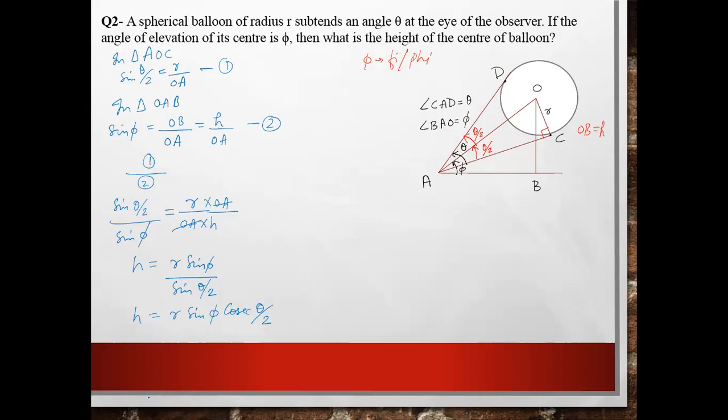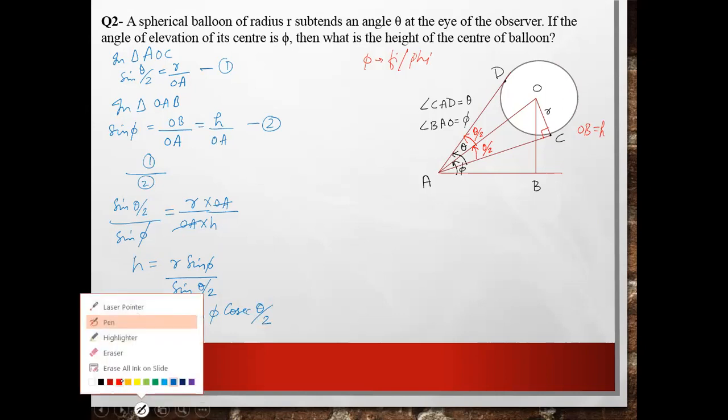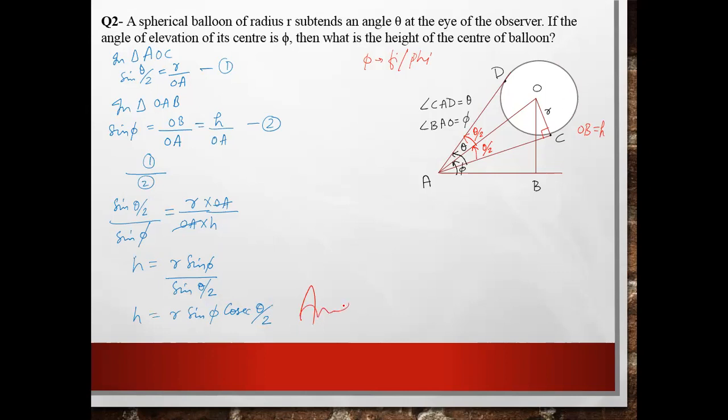All right, so this will be my final answer. This will be my height. Now this was really easy, no? You just have to make 2 equations, divide equation 1 by equation 2, and you get your answer. All right, so this is the height. What is important is how you make this figure. All right, if you get any query, please do let me know. Hope you enjoyed the video.